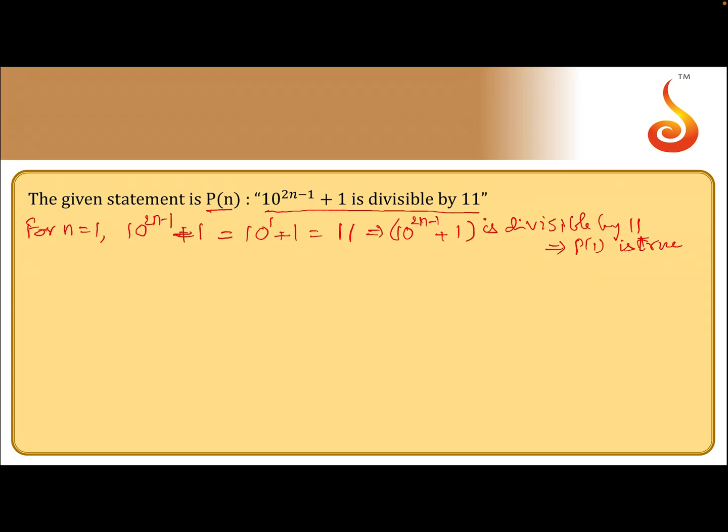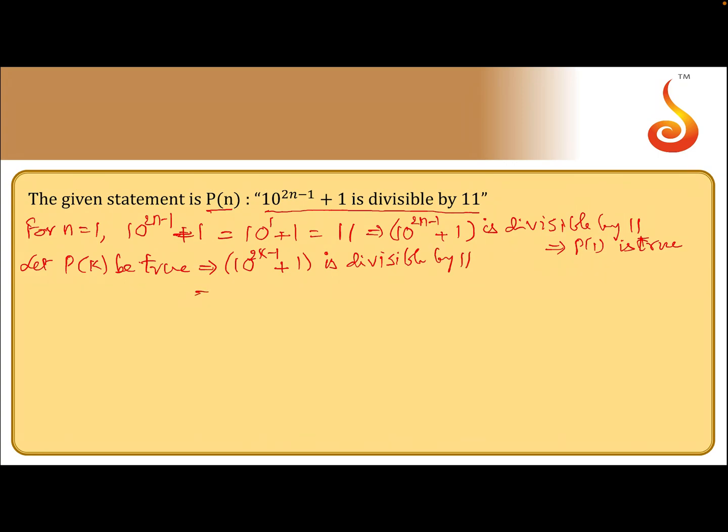Now let me assume the statement is true for n equals k. Let P(k) be true. That implies 10^(2k-1) + 1 is divisible by 11.